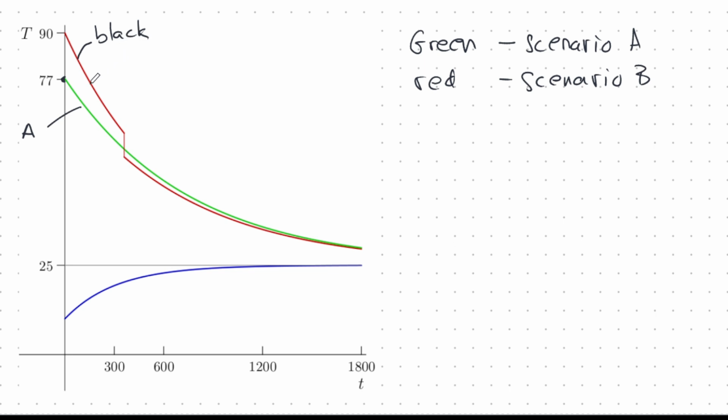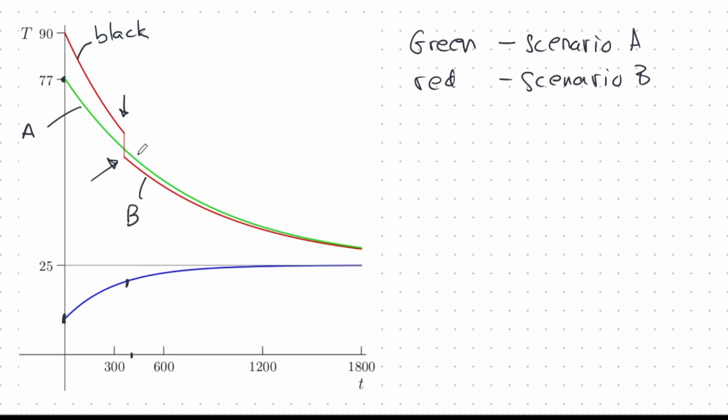It starts off the same as black coffee, but then there's this sudden drop here at 360 seconds where I dump the cream in. Notice the change in temperature isn't so much because the cream actually is warmer here than it is here. So it makes a difference, but it's enough to drop the temperature below the green curve, below A. So this is B, below A.